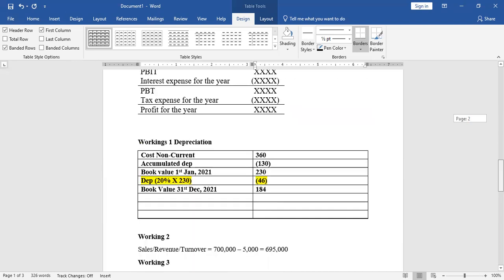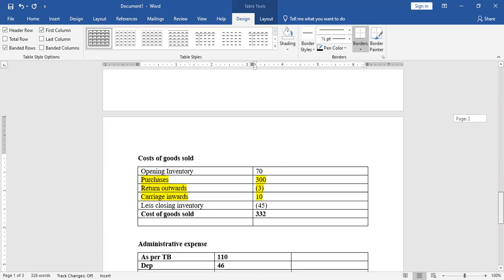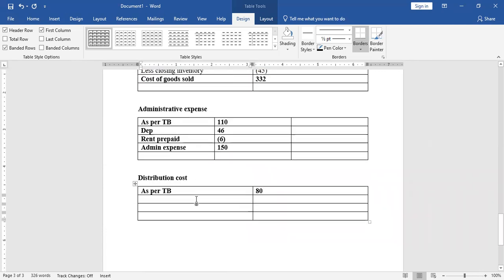We've used it for this year, but we did not pay. So we'll add it here as the outstanding balance or accrual. Accrued expense, 5.